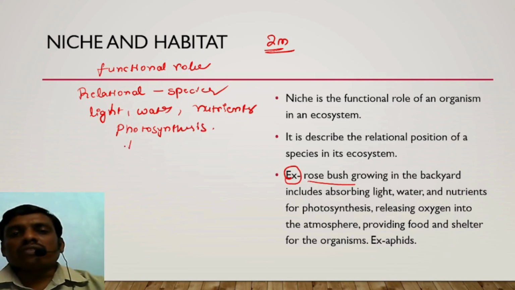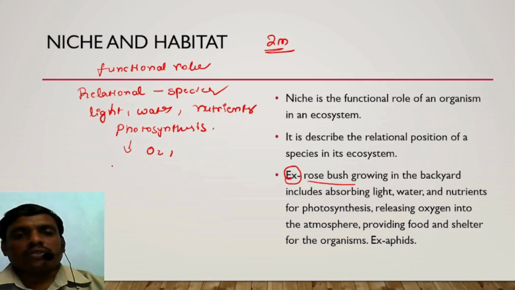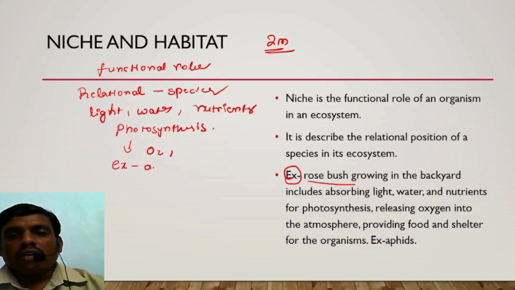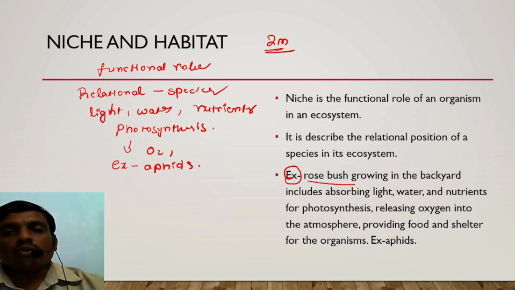As a result of photosynthesis, it produces a lot of oxygen into the atmosphere, at the same time providing food and shelter for various organisms, for example, an aphid that lives on the rose bush in our backyard.